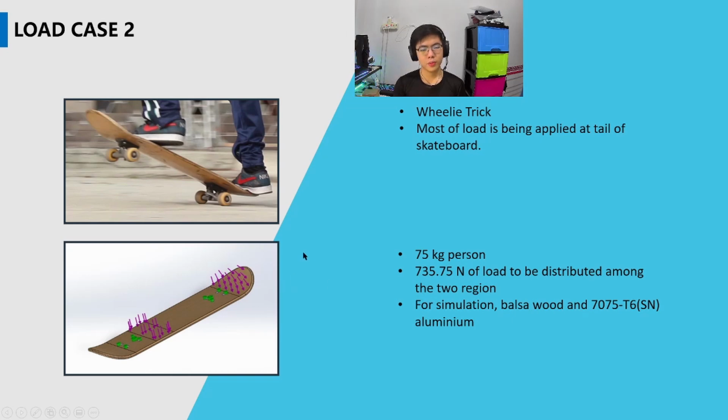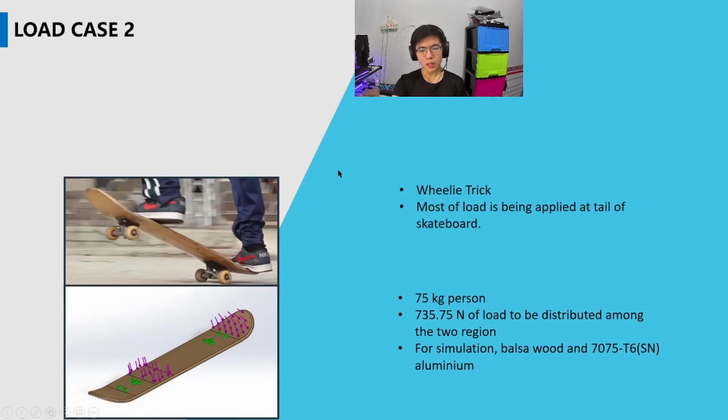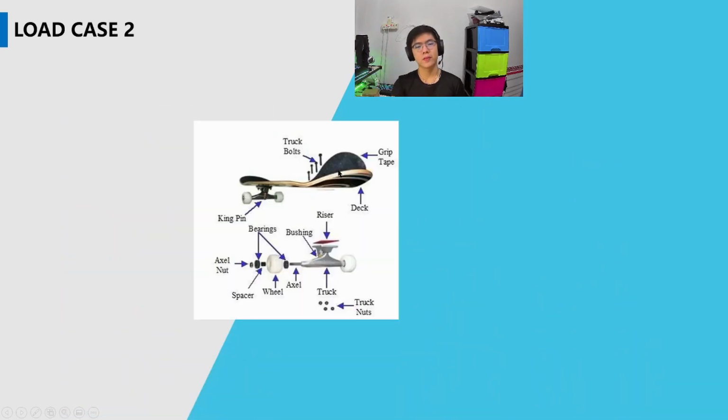And for the purpose of our simulation, we use the balsa wood and also the 7075-T6 aluminium for the bottom part of the skateboard, which we call the truck. And this balsa wood is for the upper part of the skateboard, which is the board. To further explain for this case, I will be explaining the parts of the skateboard so that we can understand it better.